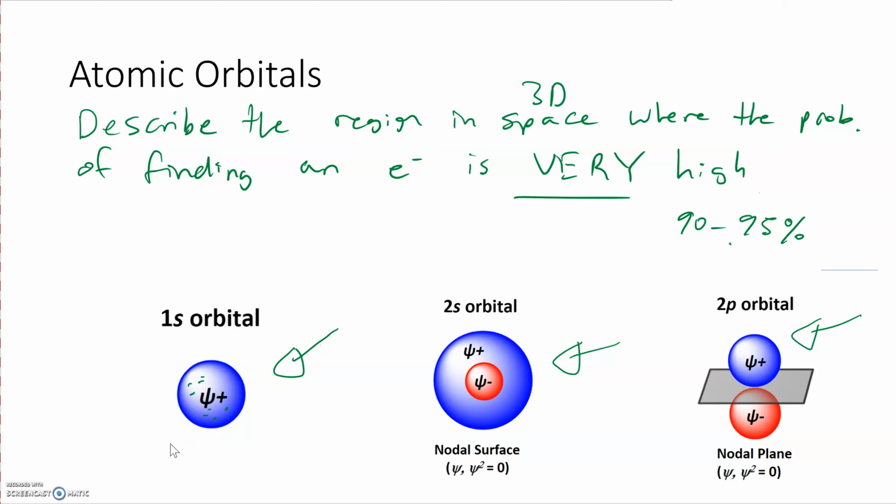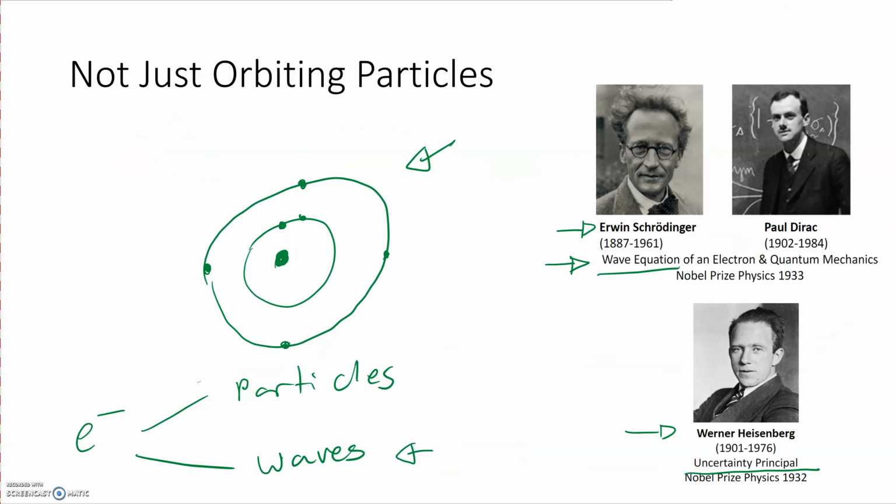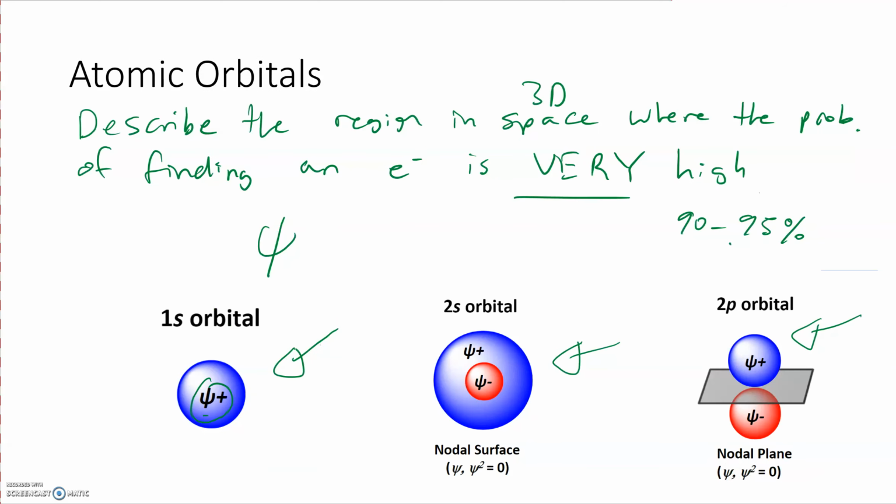Now the little symbol that we have here in the middle of the orbital is called the wave function. And the wave function is something that's complicated and is related to Schrödinger's wave equation. And it's not something, again, that you need to understand fully.